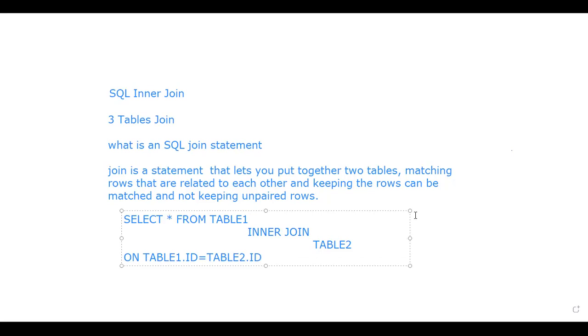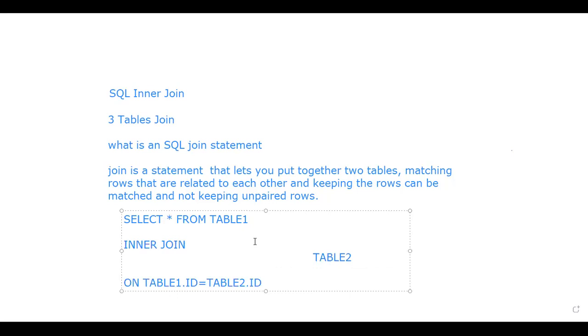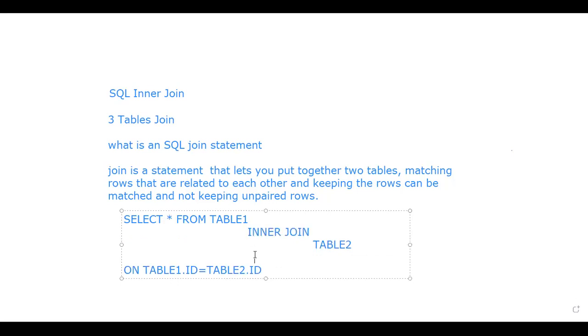So nothing to worry if somebody forgets this definition. Sometimes I have seen people just split the definition according to the requirement. Let's say this is for two tables. First, you simply write select star from table. Then you specify the join that you're going to perform, whether it is inner join, full outer join or left join, whatever it is.